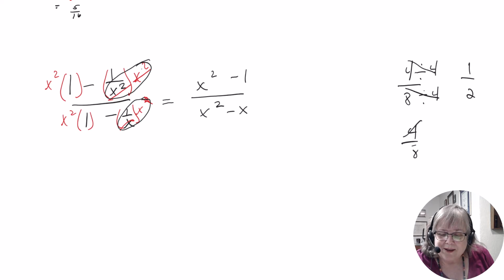This did not cancel into this one. You divided the top by 4, and those divided out and left you 1, and these divided out and left you 2.